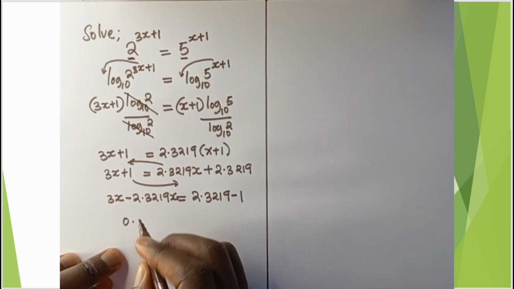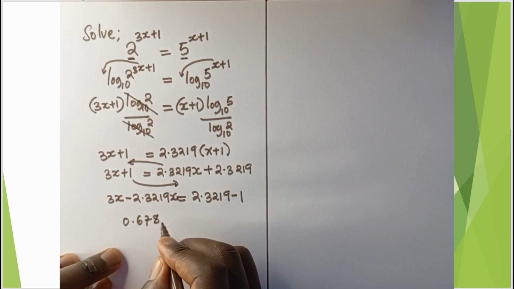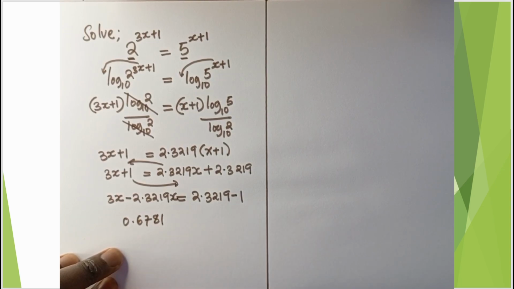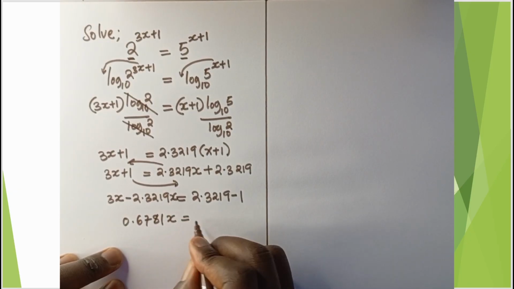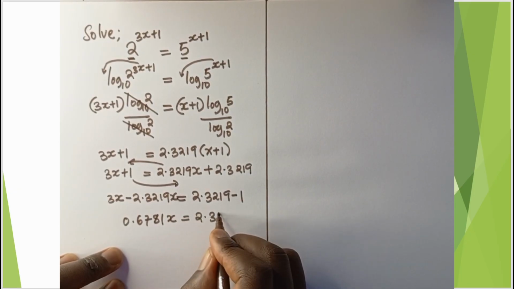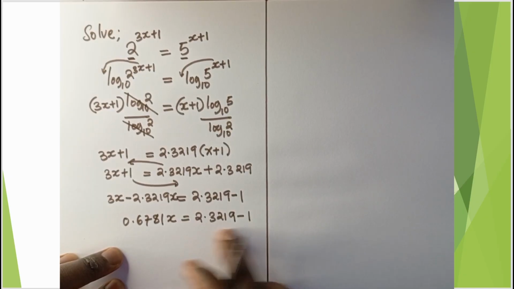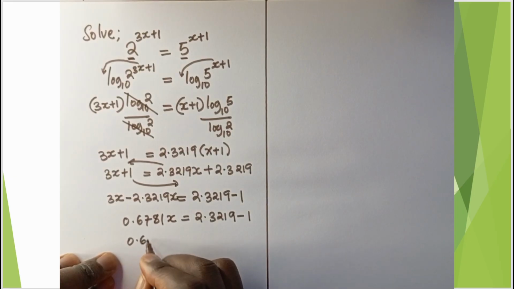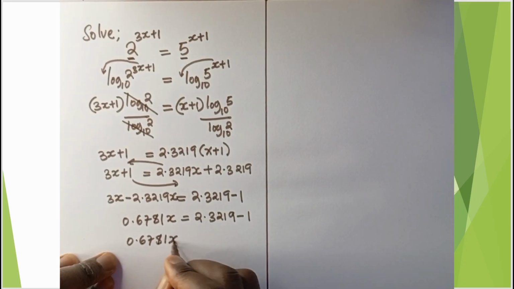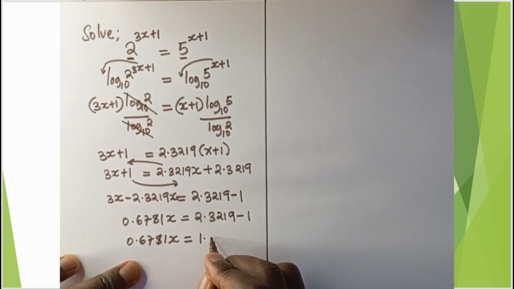Going further and simplifying this, when we subtract, we shall have 0.6781x, taken to 4 decimal places, is equal to 2.3219 minus 1. Now when you subtract on the other side, you get 1.3219.